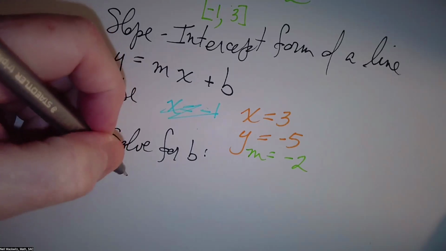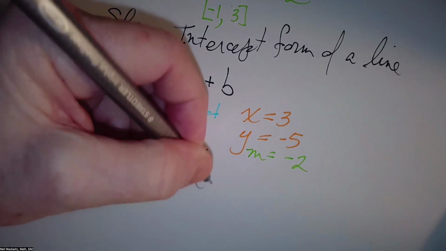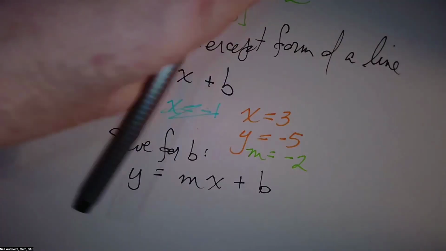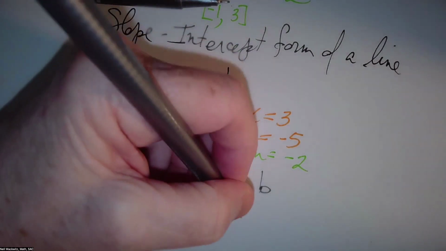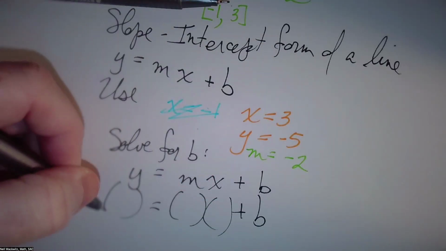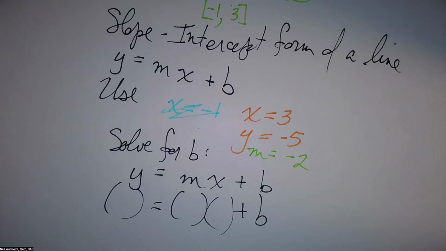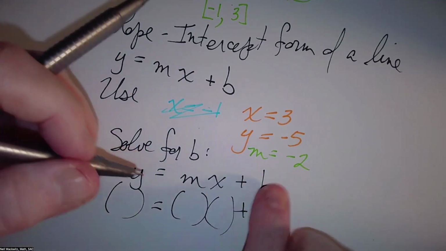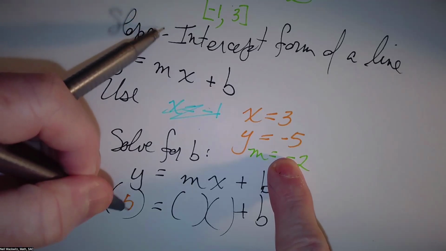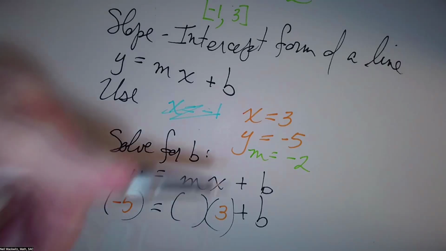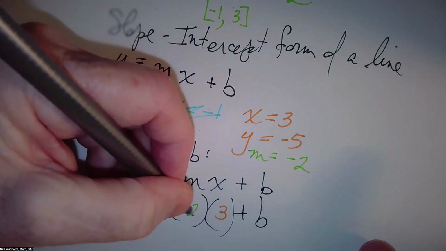So we've got y equals mx plus b. All right. We said that y was -5, x was 3, and the slope is -2.